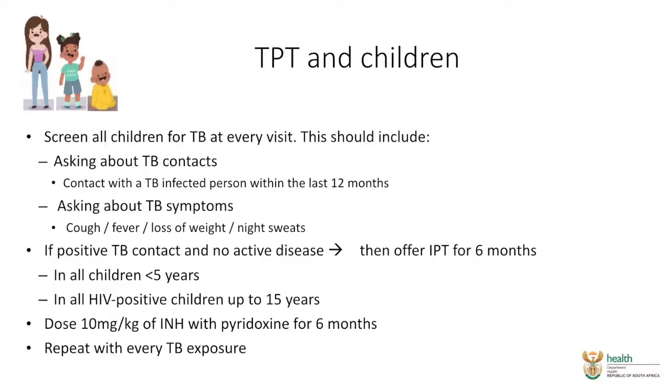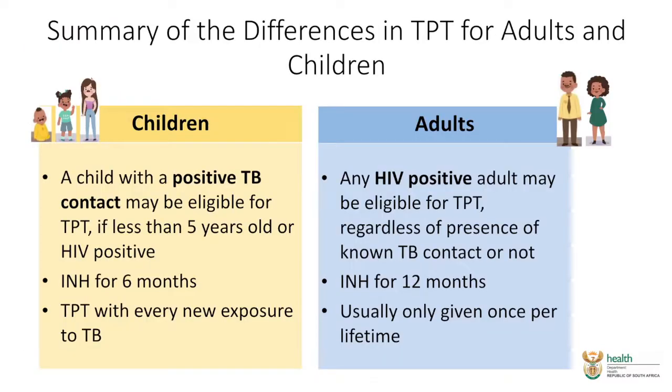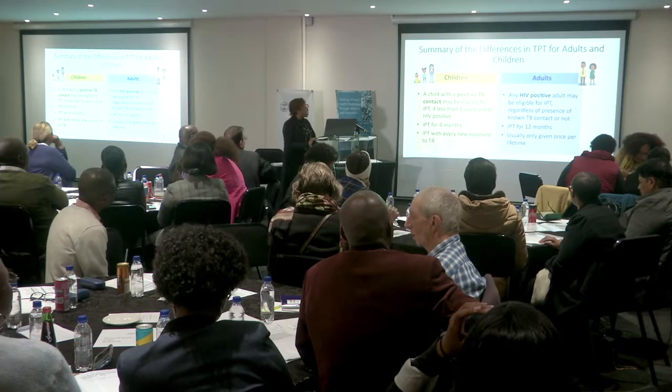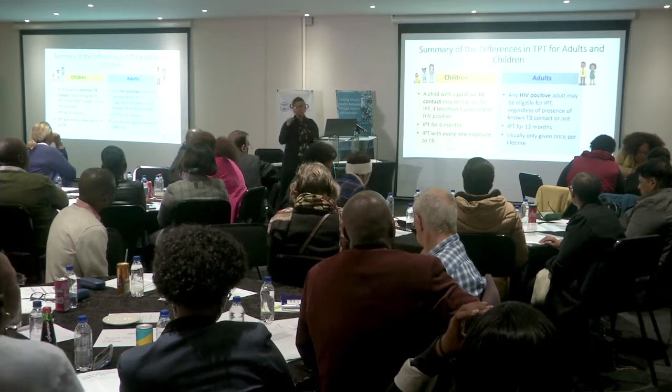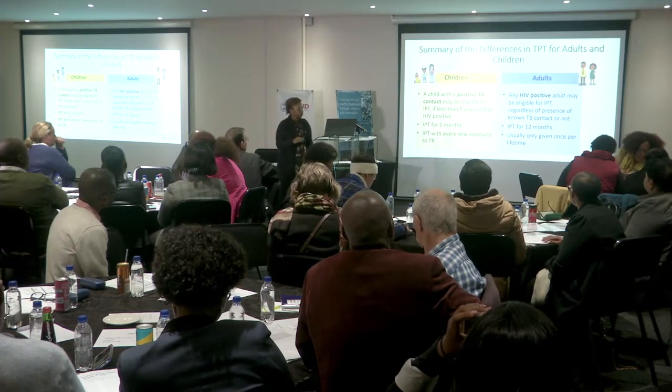And we have to repeat their prophylaxis every time that there's an exposure. So in summary, these are the differences. A child with a positive TB contact may be eligible for IPT if they are less than 5 years old or they are HIV positive. IPT is for 6 months, and IPT is given with every new exposure.